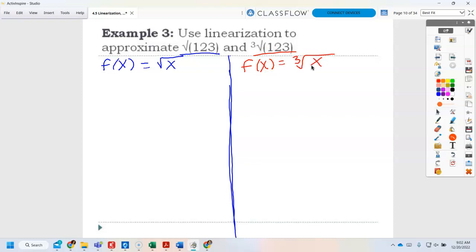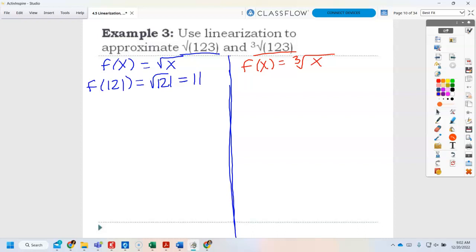What do I need to be able to use linearization? I need nice numbers for these points. So I need an f of a for the blue and an f of a for the red that are nice numbers near the given problem. So I'm given 123. What's a nice square root near 123? Perfect. So we want to find f of 121. So my a is going to be 121.